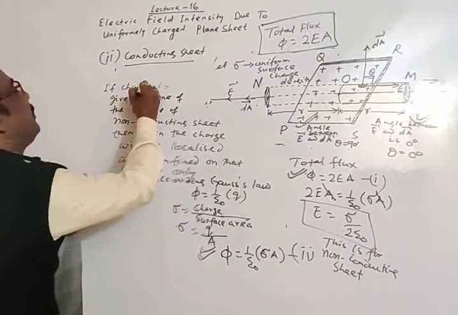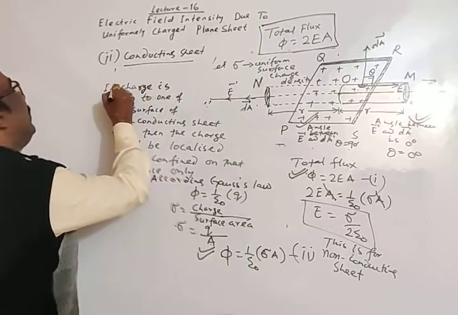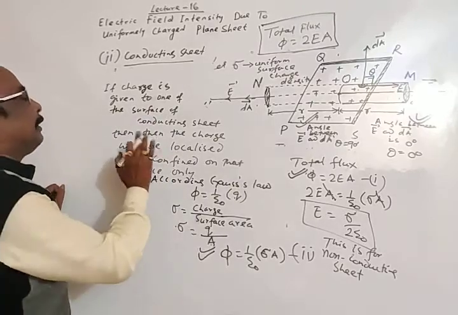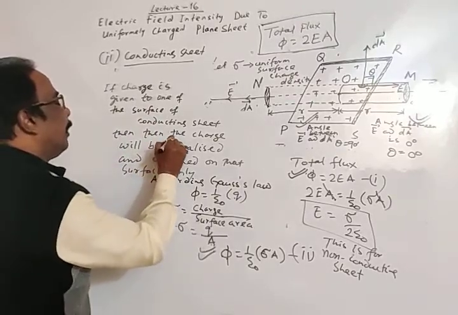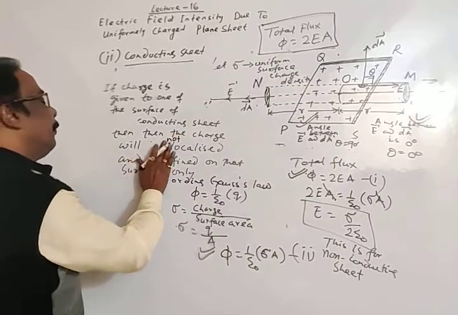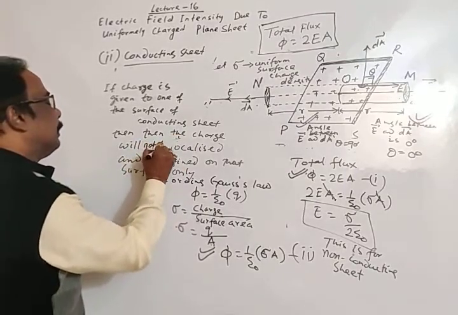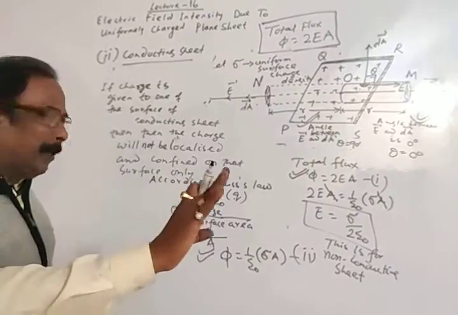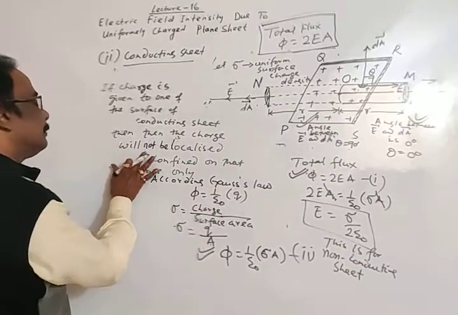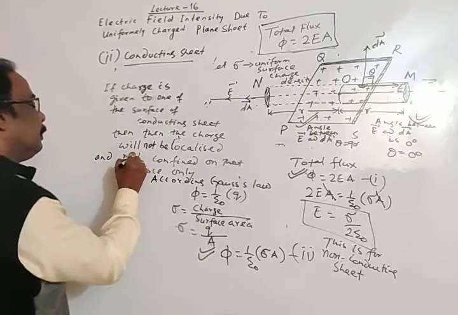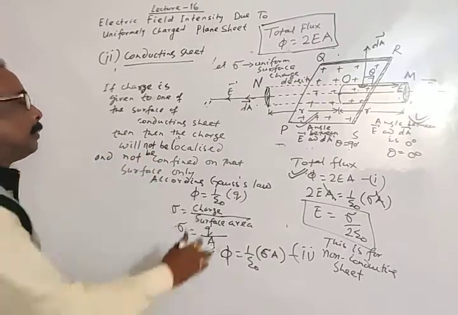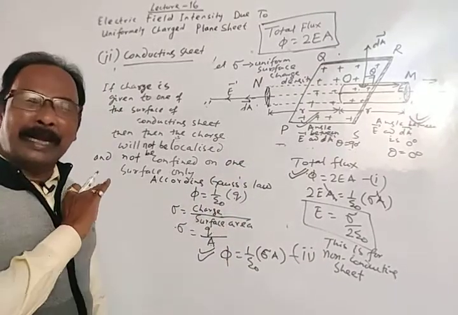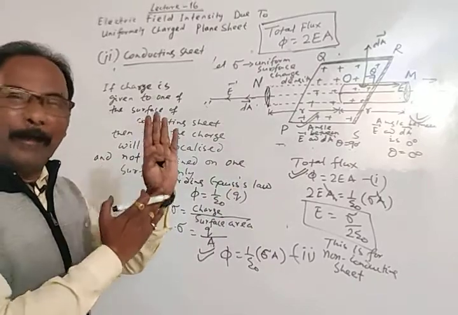If charge is given to one surface of the conducting sheet, then the charge will not be localized, because this is a conducting sheet. Charge will not be confined on one surface.